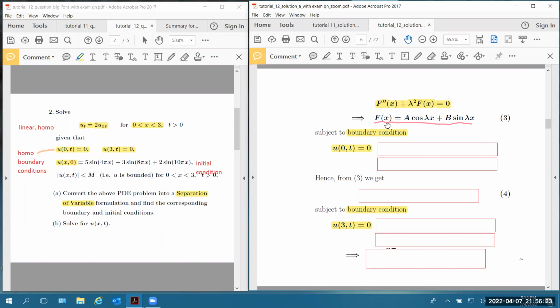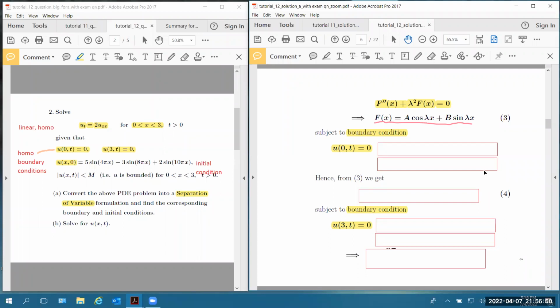The conditions on x are the boundary conditions: u(0,t) is 0 and u(3,t) is 0. One is when x is 0, the other when x is 3, so it involves x.